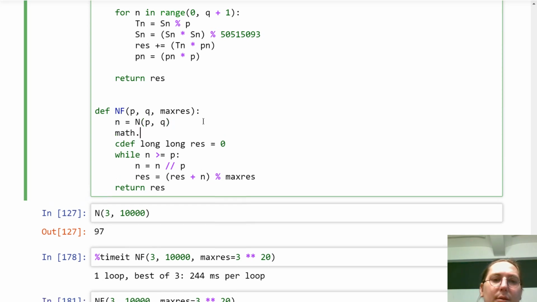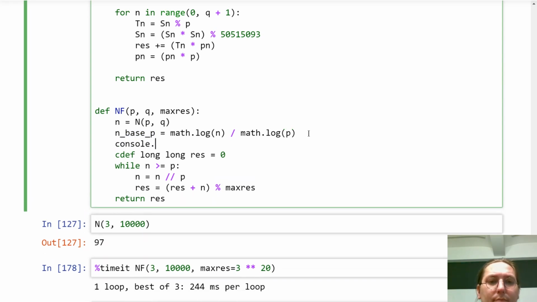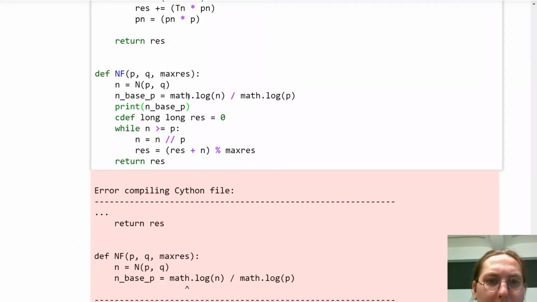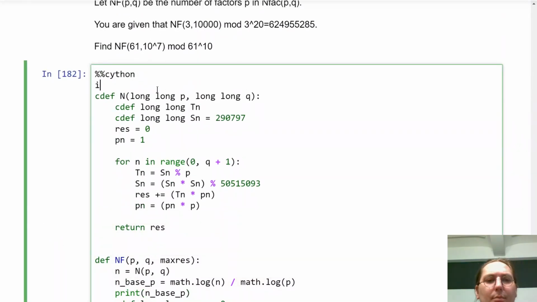So math log n over math log of p. So this is n base p. Okay, I guess.